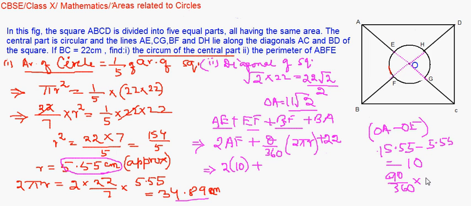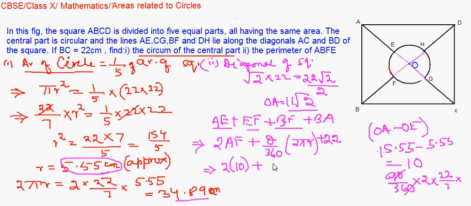I had already calculated it. So 90 into 34.89 by 360 gives me about 8.72.